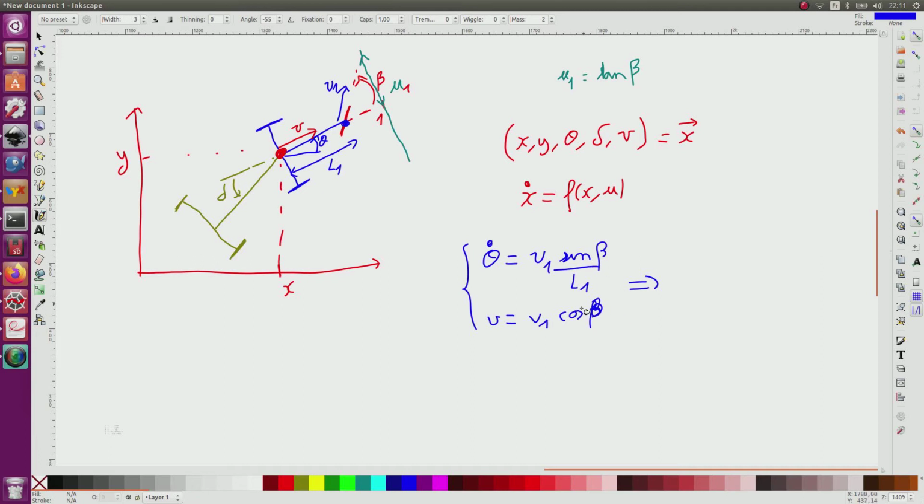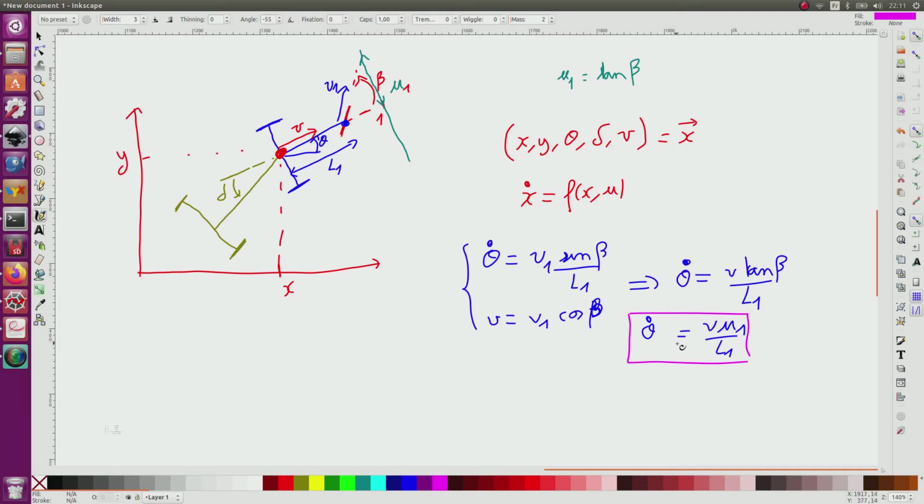I will get the relation theta dot is equal to V tangent beta divided by L1. But beta is not allowed either, only U1 and U2 to have the state equation. So I will have here theta dot is equal to V U1 divided by L1. Okay. This is my first relation I had to show.